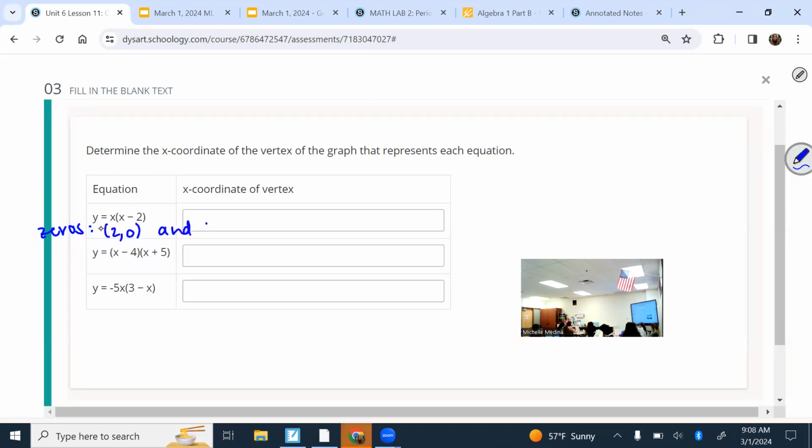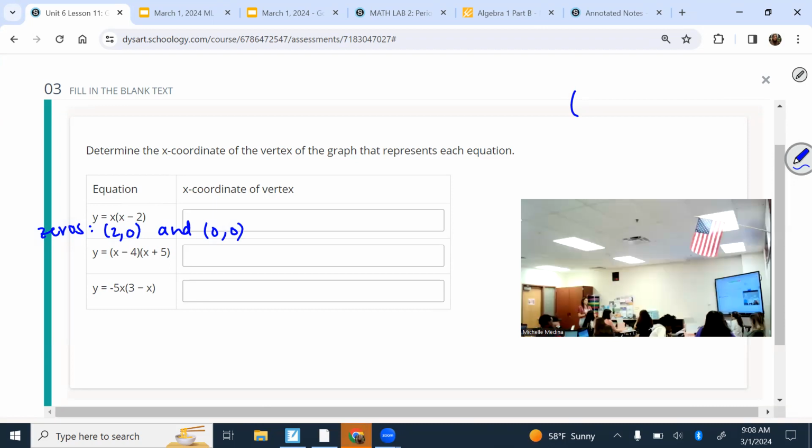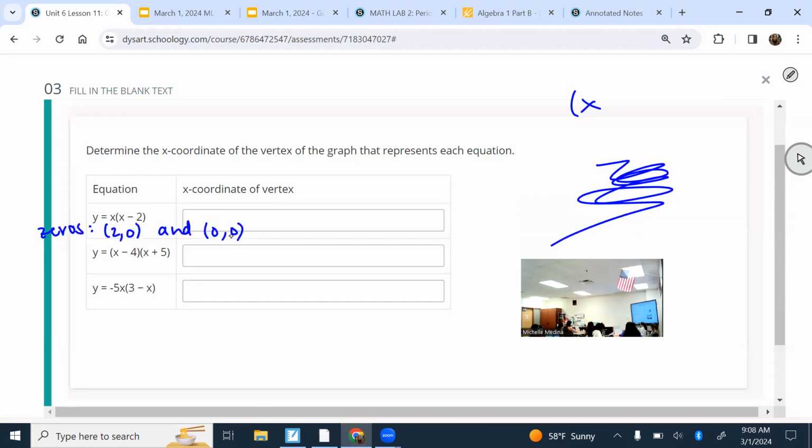2 and 0, good. 2 because it's gonna be the opposite of this one, so when it's in this format, x plus or minus a number, then it's gonna be like the opposite of that second number. Anyway, it's always like the opposite if it's in that format, so that's why we have a positive 2.